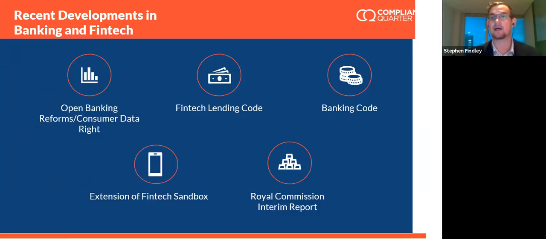So in that independent review released at the end of last year, the final report on that, Khoury recommended that there should be a code of practice.